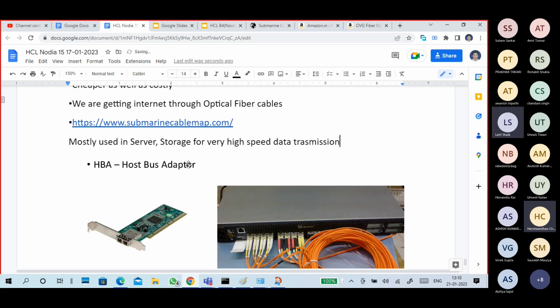So they are used in servers, storage devices, and networking.